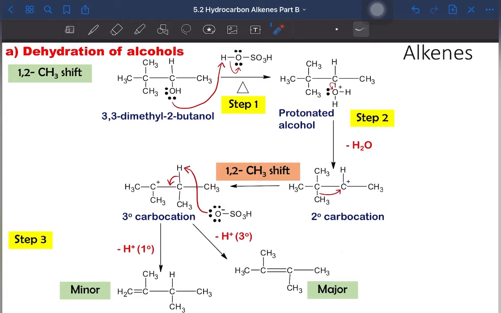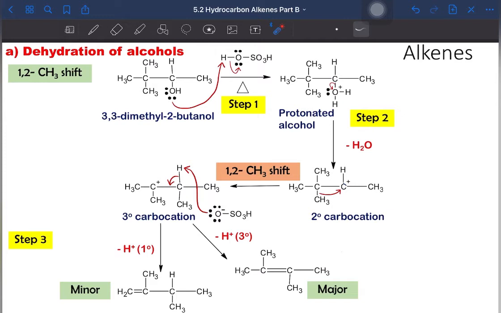In the first step, the alcohol forms a bond with the hydrogen from the acidic catalyst to form a protonated alcohol here. In step 2, we have the removal of water to form the carbocation. The carbocation formed from step 2 is actually the secondary carbocation.